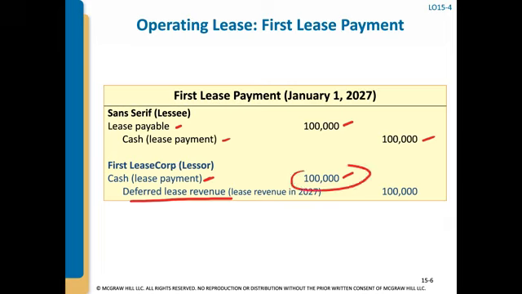They've received the money, but have not yet provided the use of that equipment for the year because they received that money on January 1, 2027. And so they're going to credit this liability for deferred lease revenue for $100,000.